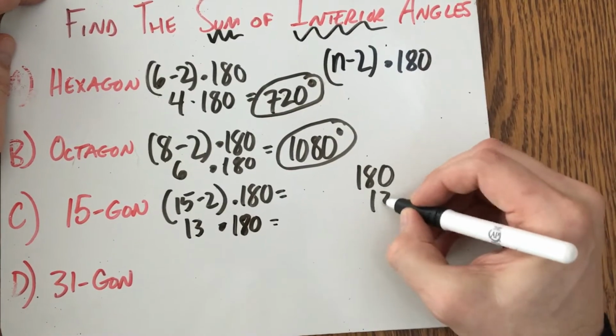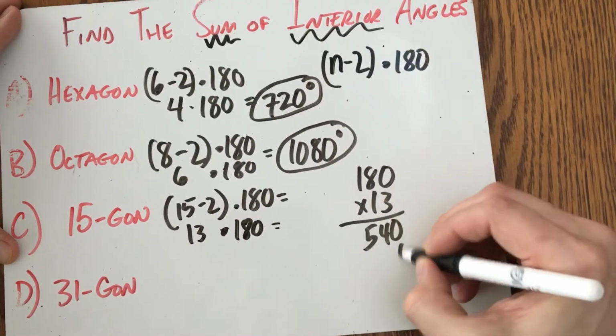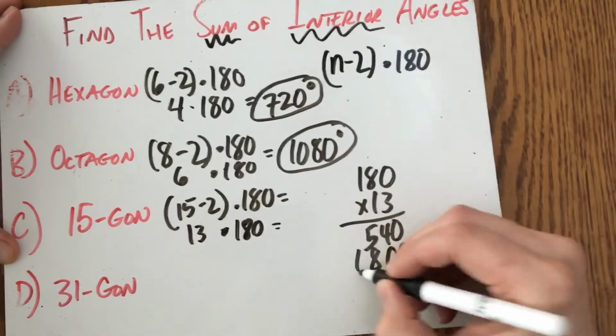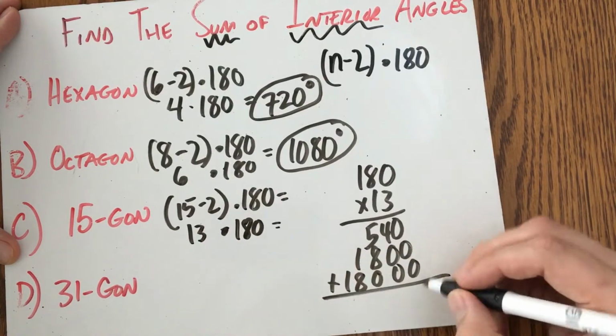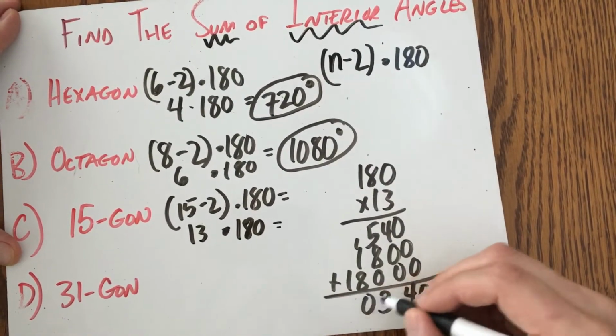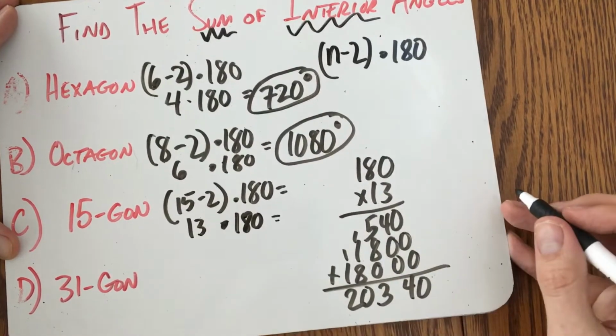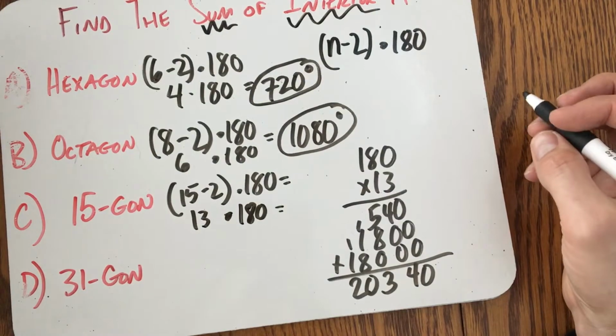Oh, geez. I'm going to go old school here, guys. Sorry about this. If this confuses you, I apologize. But I don't have a calculator with me. It's downstairs. Did I do that right? 13 times 180?